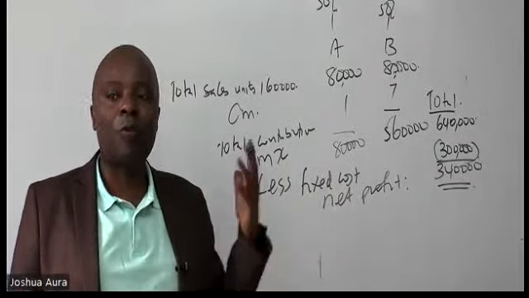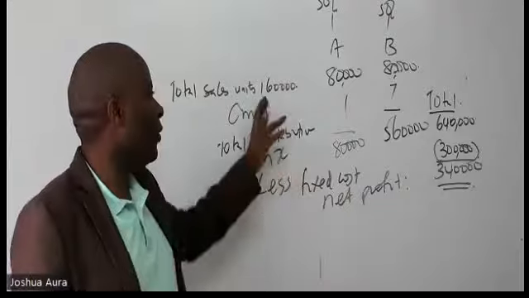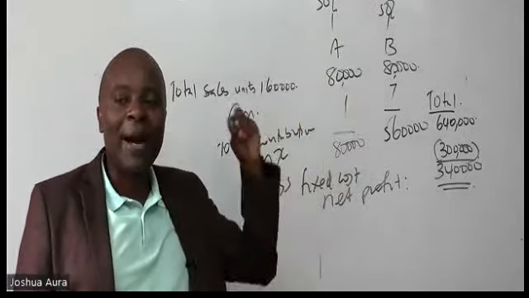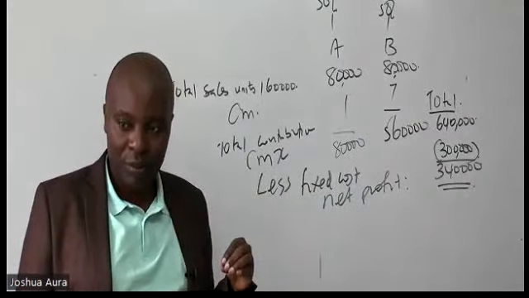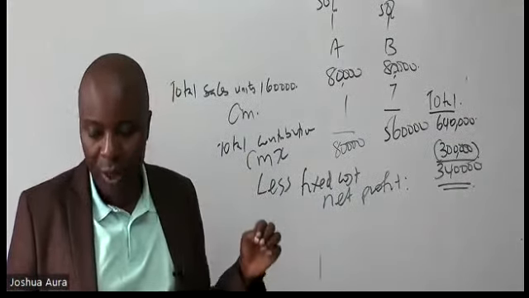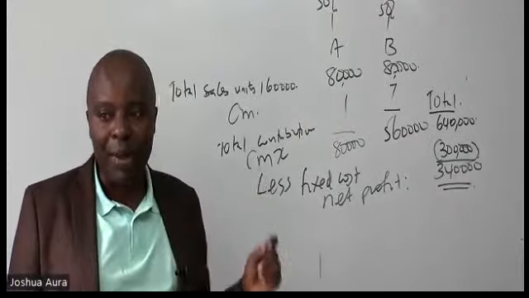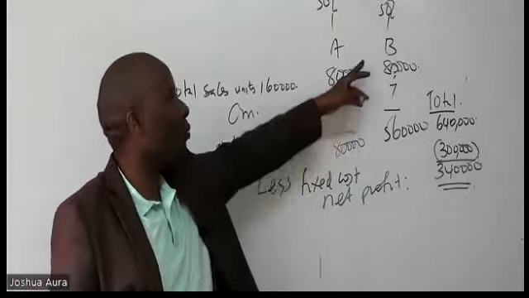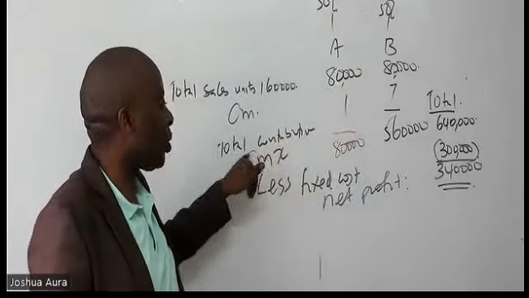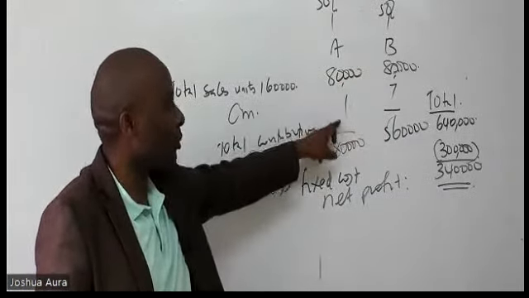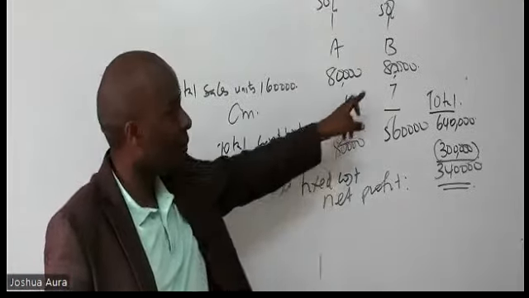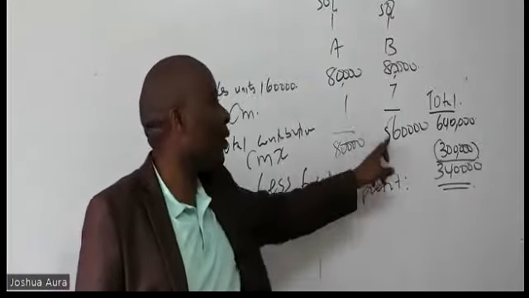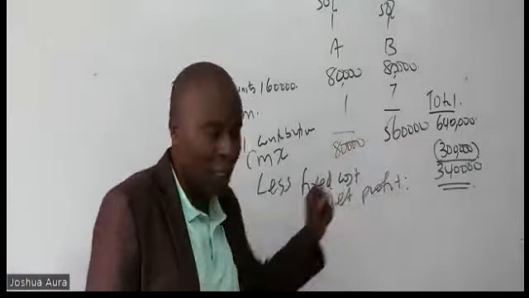Equal. So 50%, 50%. So 50% of this gave me 80,000, 80,000. The contribution margins will not change. Those ones will remain the same. Contribution margin for A is 1, for B is 7. So I was able to get the total contribution by taking this times contribution margin. This gave me 560. So then I came and added the two, which gave me 640,000.